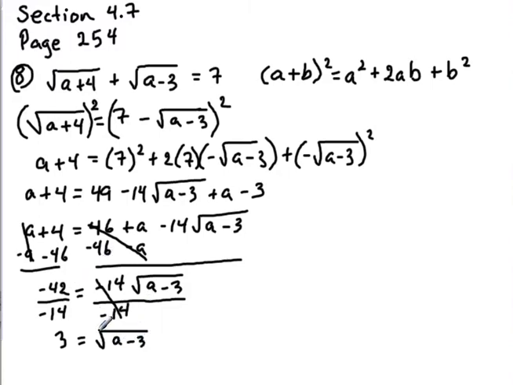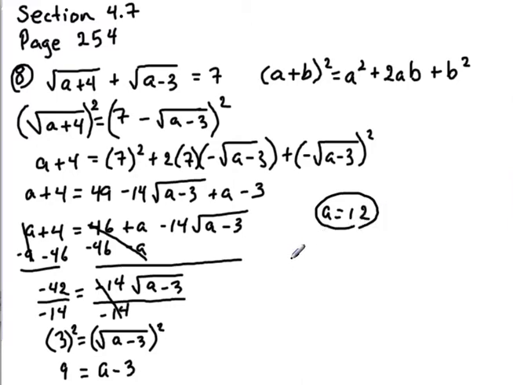Alright, now we want to get rid of that radical, so let's square both sides of the equation. Okay, 3 squared is 9. If you square a radical, they cancel each other out. I'm left with a minus 3. And if a minus 3 equals 9, add 3 to both sides of the equation, and we get a equals 12.